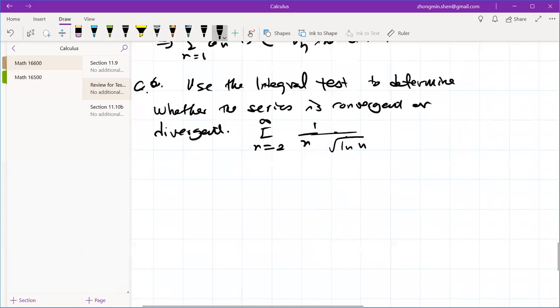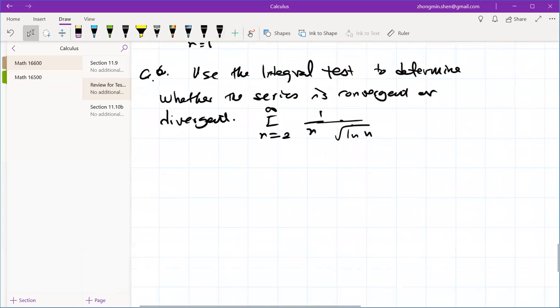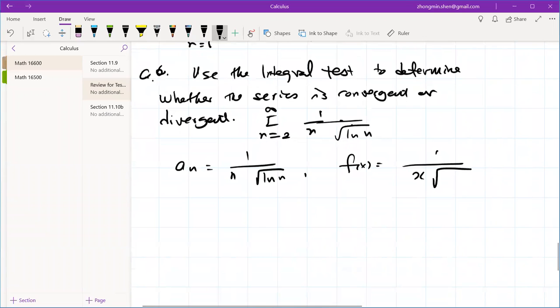This is not an nth root. We have to use the integral test. So here, the an is going to be 1 over n times the square root of natural log n. So the corresponding function should be written, and then an equals f of n.